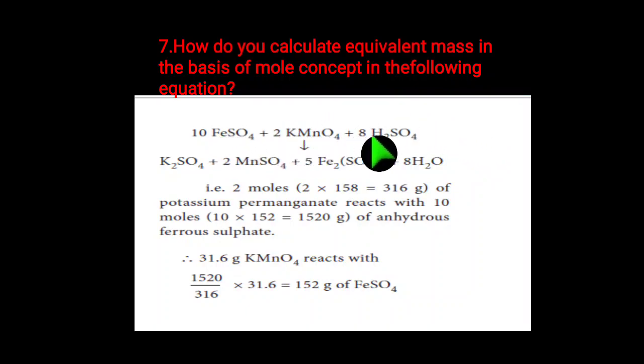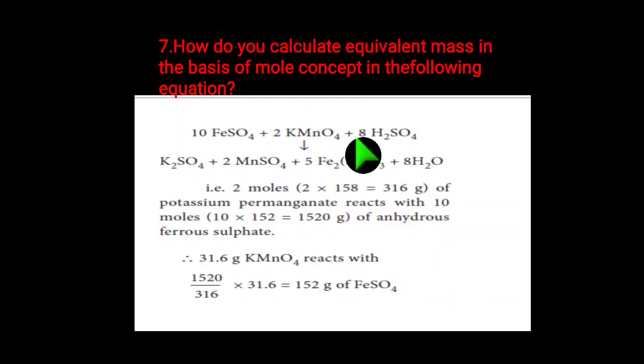So mole concepts are applied, but here itself we can find the gram equivalent mass. How to find it? By the equation we should know that 2 moles of potassium permanganate react with 10 moles of ferrous sulfate.